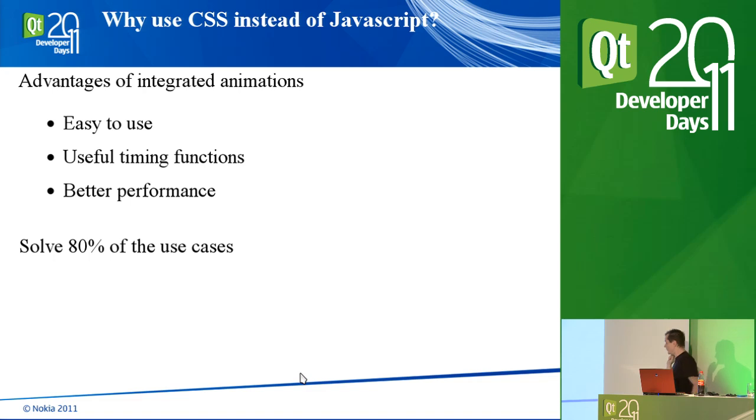And one of the major advantages of CSS animation is better performance. Why? Because on WebKit, the CSS animation runs on a separate layer from the page you render, and this particular layer is hardware accelerated. So we use OpenGL for animating them, which means that animation gets fast.